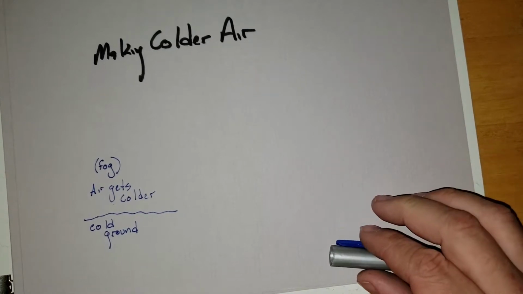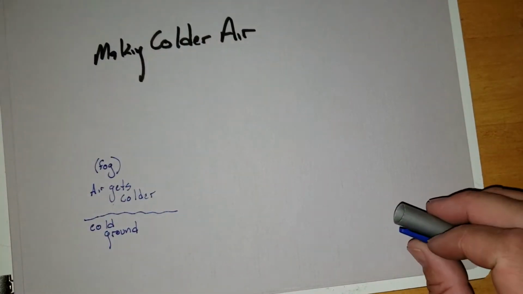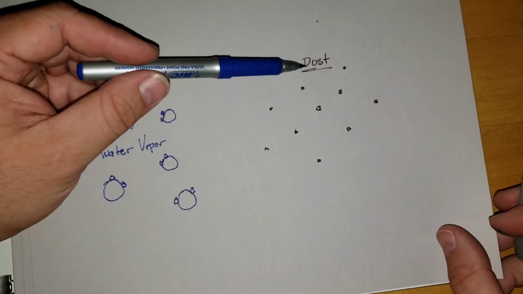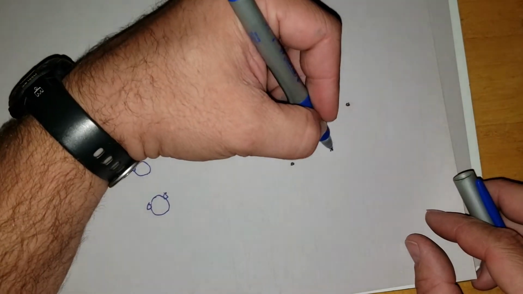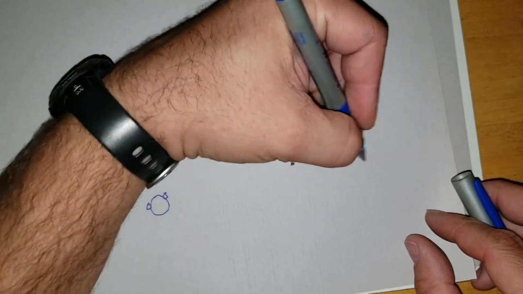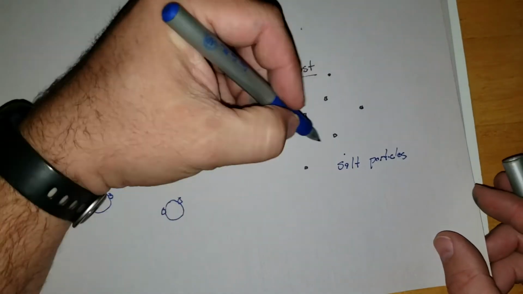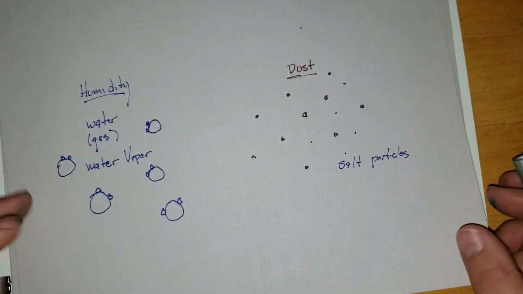Cool. The other way that we can do it is to find air that has a lot of humidity and has dust, or maybe little salt particles floating around, like at the ocean.